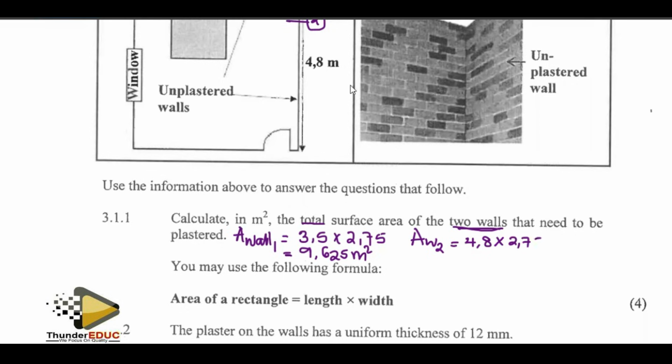We take it to be on the same level. So here we go, we get the answer as 13,2 meters squared. So at the end, you're going to add the 2, and your answer became 22,82 meters squared.